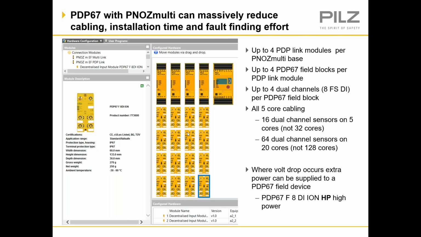And potentially you can have 64 dual channel sensors, and where voltage drop may occur, you can have extra power. That may be because you use a light curtain, for instance, which generally uses a bit more power. Then we can provide our PDP67 HV version to accommodate that, and you can provide it with additional power.